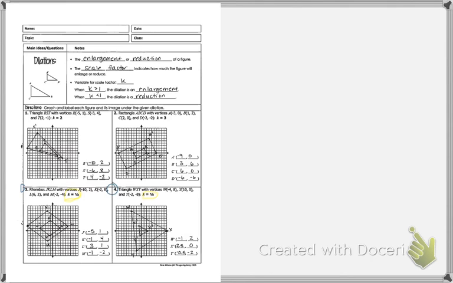Let's work on number 4. Nothing's changed from the first two that we did. So WXY, this is a triangle. Okay, so we have the original W, and it's -4, 8. Then we have the original X, that's 10, 0. And then we have the third corner of that triangle, -2, -8.